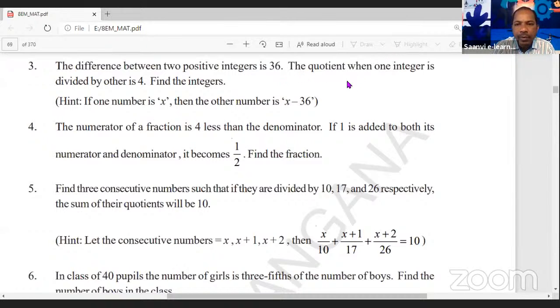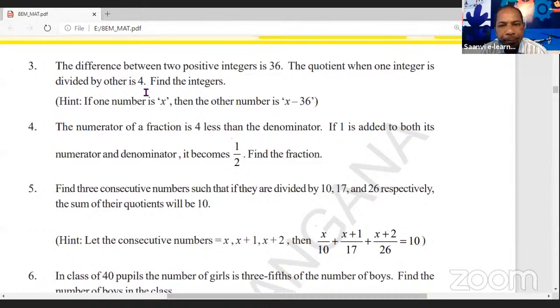The quotient when one integer is divided by the other is 4. Find the integers. And here a small hint is given. If one number is x, then the other number is x minus 36.